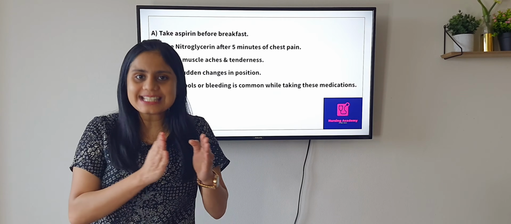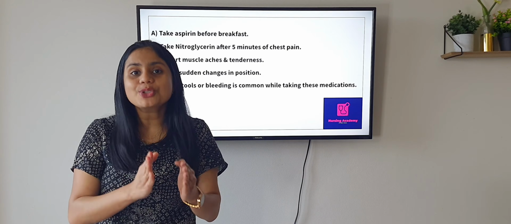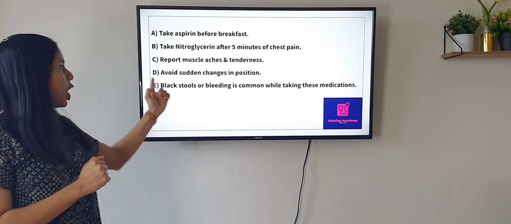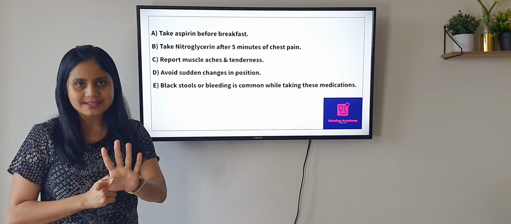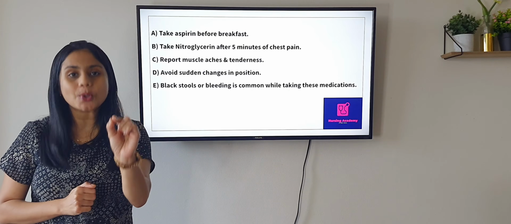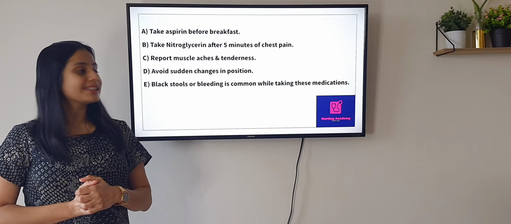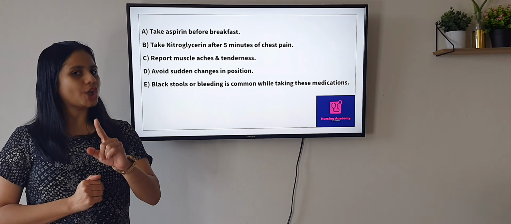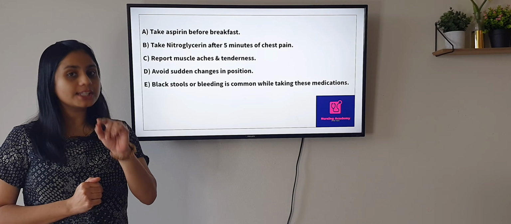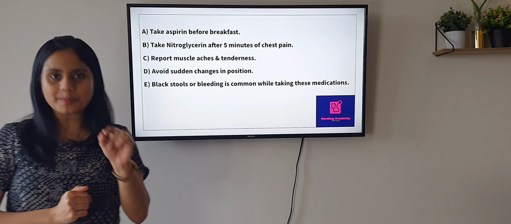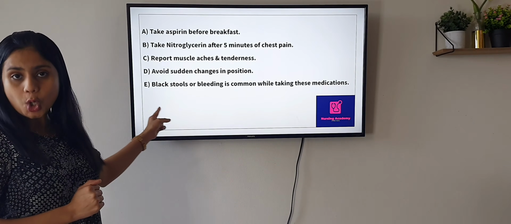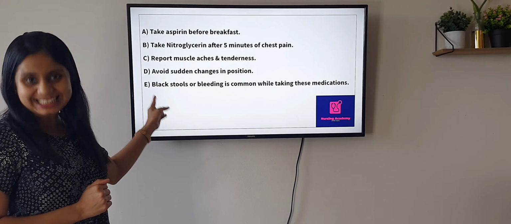When we change positions, we have to do it slowly. So this option is right because we have to change the position slowly. So this option number D is not going to be our answer because we are choosing wrong options. This should always be in your mind while you answer the questions. Very important.